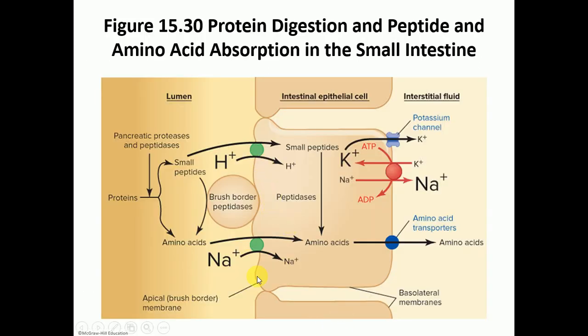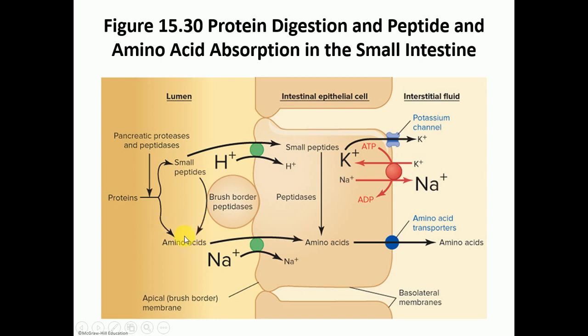So this is, again, the intestinal cell. This right here is the intestinal lumen, where the amino acids are. And this is the interstitial fluid with the blood vessels, which will be your end destination after you absorb them. So you can see here your amino acids, broken down by these different peptidase enzymes.